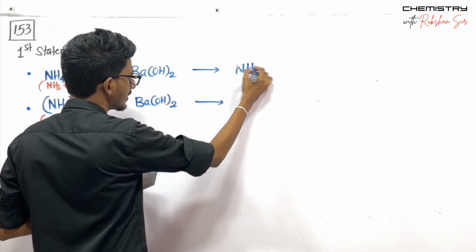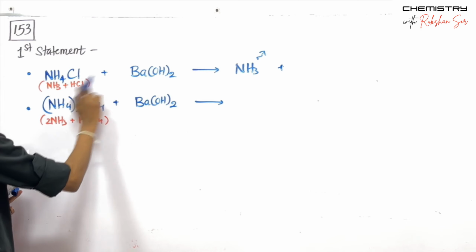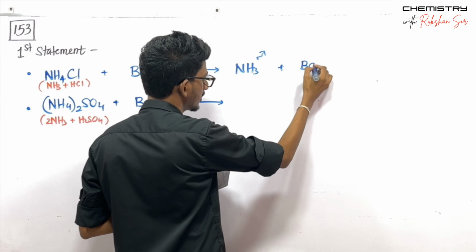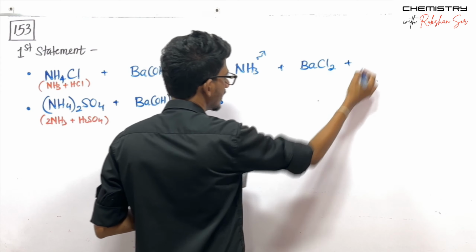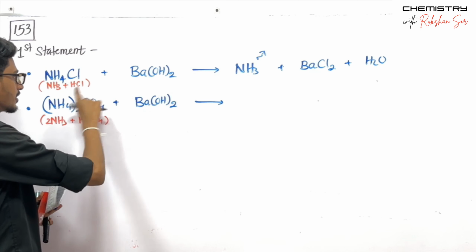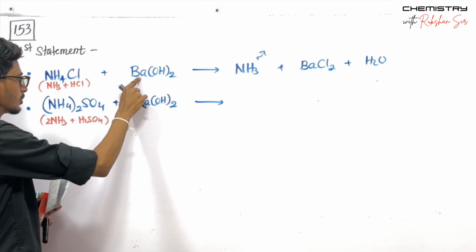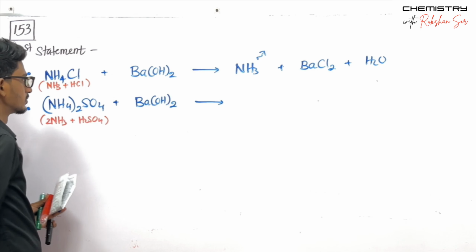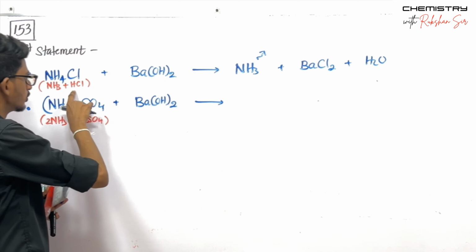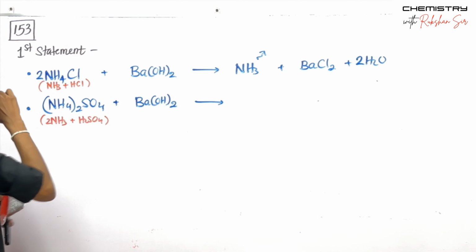First the ammonia will be released, then this acid will react with the base Ba(OH)2. The salt is BaCl2 and H2O, just a sign exchange: H plus goes with OH minus to give H2O, Ba2 plus goes with Cl minus to give BaCl2. To balance this, you need 2 HCl to form 2 H2O.